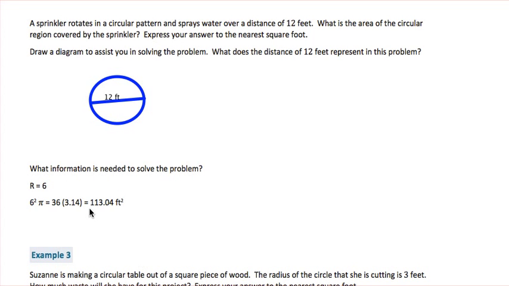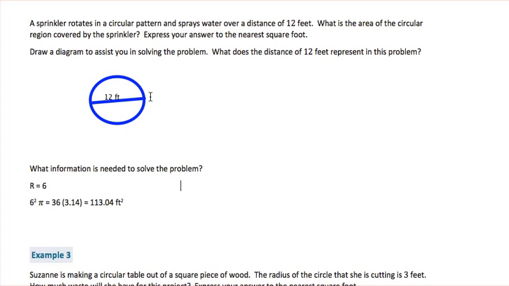Which is approximately equal to 113,400 square feet. And the question that arises, because this is another one of these rather ambiguous problems, is: is the 12 feet the full distance as the sprinkler rotates, or is the 12 feet half of the distance, which would be our radius?